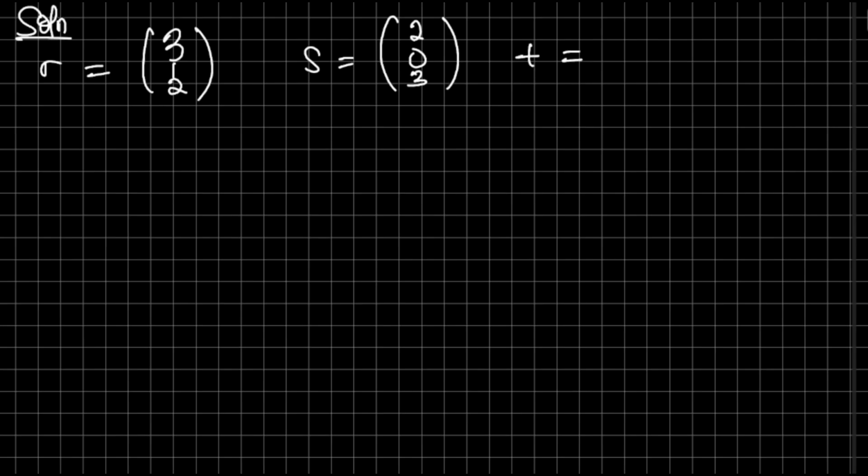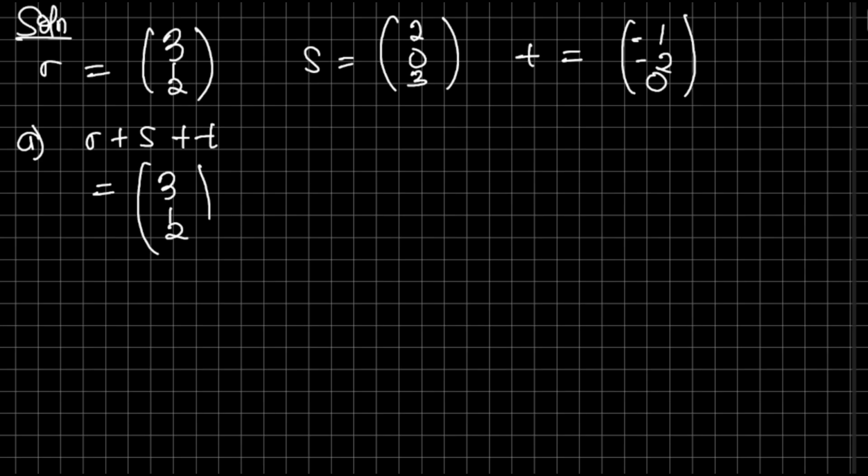Vector T equals (minus 1, minus 2, 0). Then for A we have R plus S plus T, which is (3, 1, 2) plus (2, 0, 3) plus (minus 1, minus 2, 0).